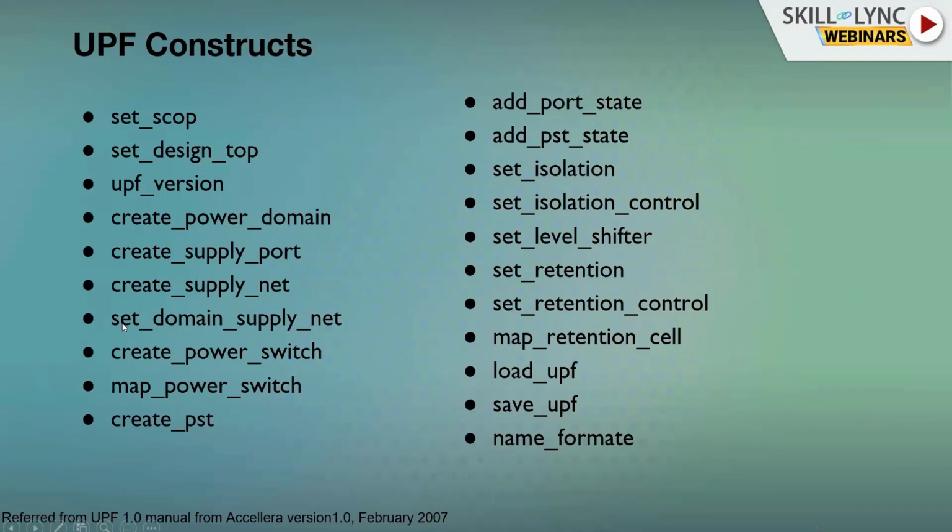So that connection is done. Then we have to have set domain supply net. That means what your supply net should be associated with, a power domain. That is explicitly done with the set domain supply net command. Another command you have is create power switch. This power switch command is mainly to control the leakage current in your logic.